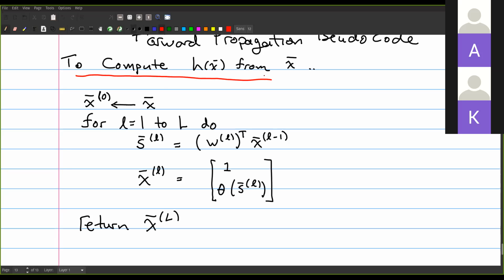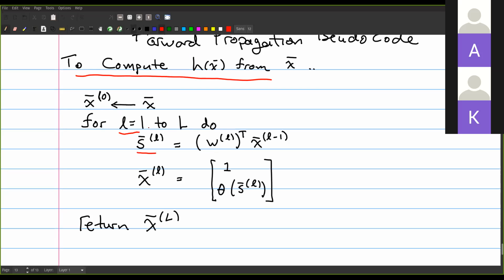This is called the forward propagation algorithm to go from the input to the output. So initially, x0 is just the input to the neural network. So this is like a single instance going in. And then as the layers go from 1 to the last layer, SL is this.